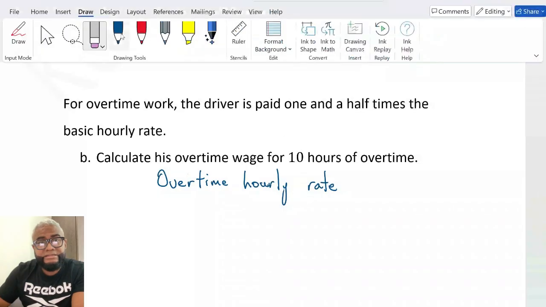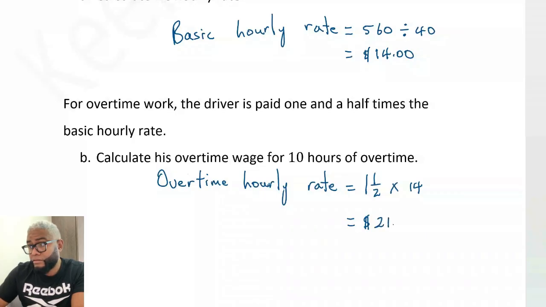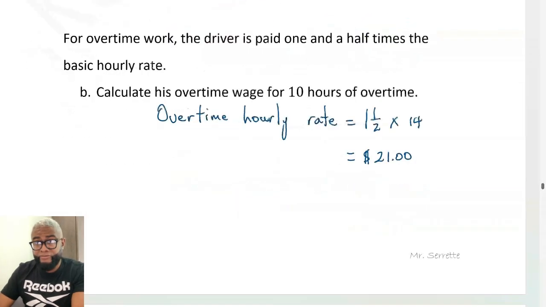So overtime hourly rate is going to be equal to 1.5, because it's time and a half, times the basic hourly rate, which is 14. How much does this work out to be? 21, right? $21 is my overtime hourly rate. Okay, everybody good there? We move on.